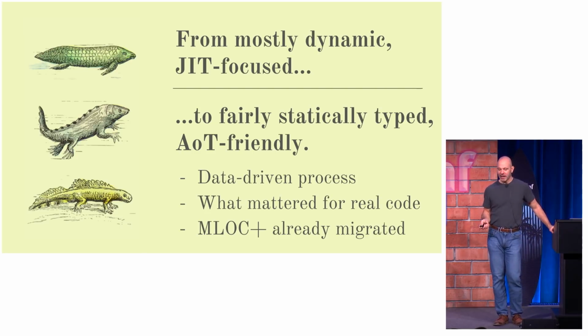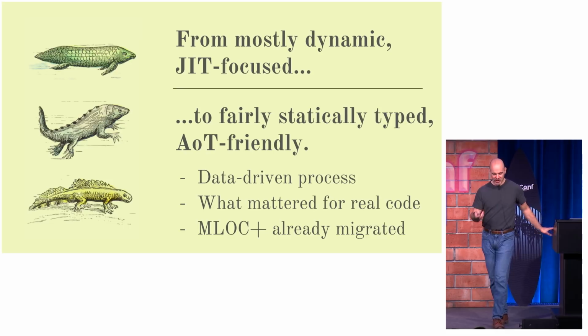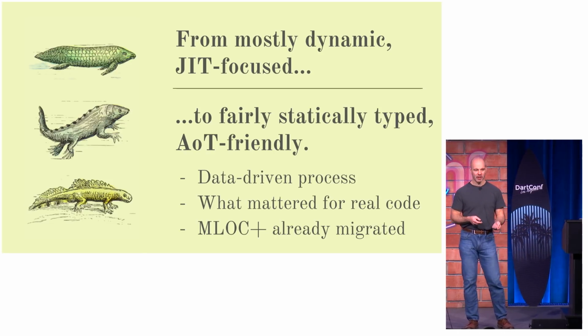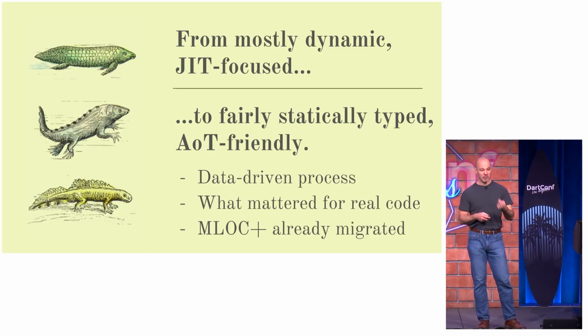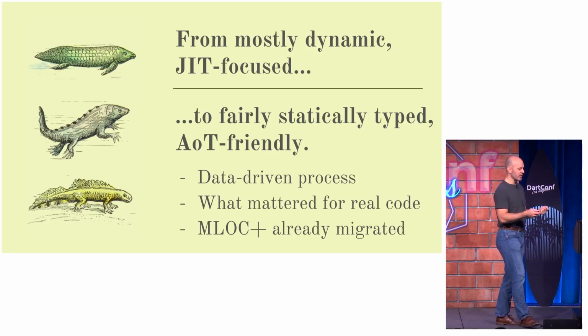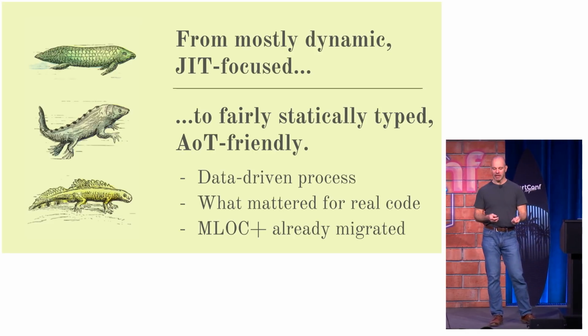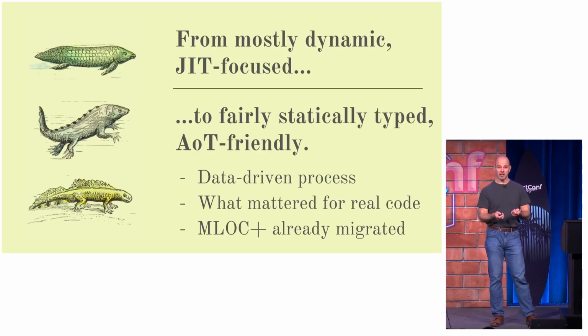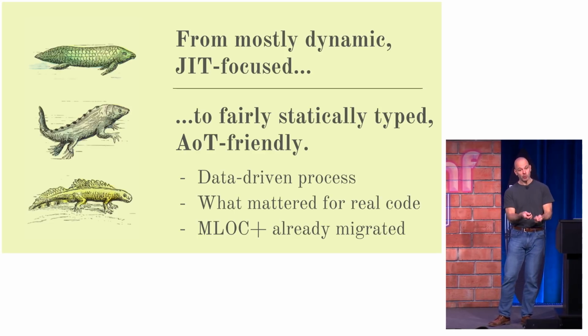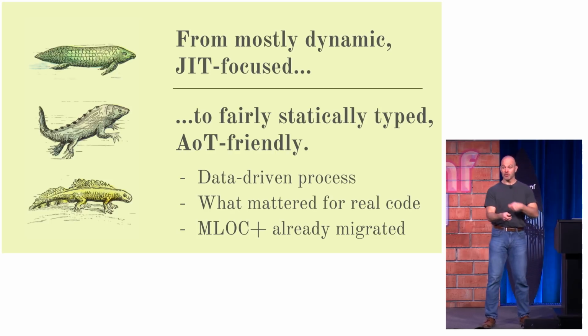So if I look back at the past year or two of work, there's really an amazing amount of things we've done here. We've taken this very dynamic and fairly JIT-focused language, and we've evolved it forward to being a fairly statically typed language that's very friendly to ahead-of-time compilation without eliminating the benefits of JIT compilation.